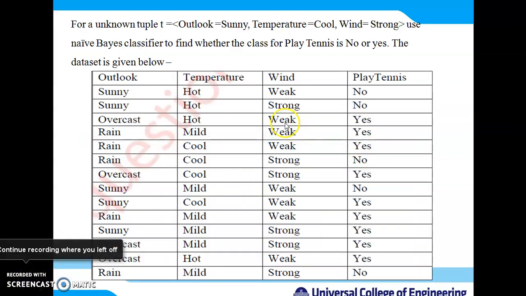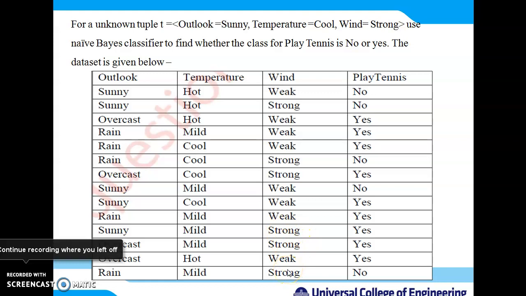Similarly, we will calculate for the attribute strong in wind. How many rows are there for the attribute strong? Count here: this one, this strong second, this strong third, this strong fourth, this is fifth, and this is sixth.